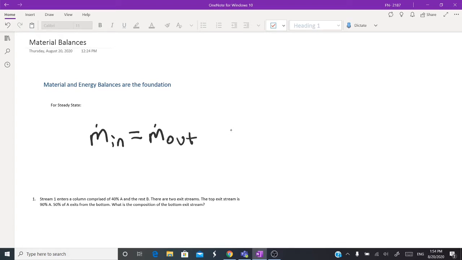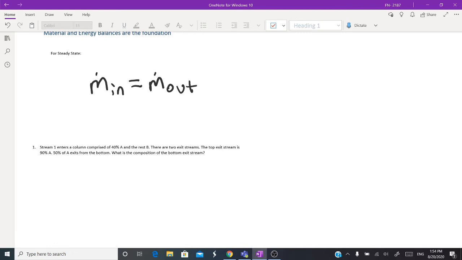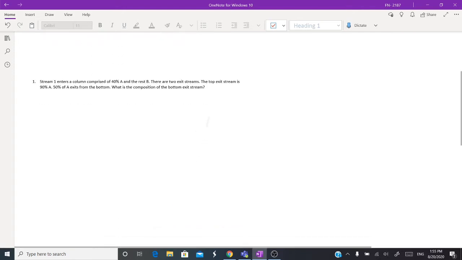That's just coming from conservation of mass. That is going to be the basis for this entire problem: the mass of the whole system and the mass of a single element will always remain the same.